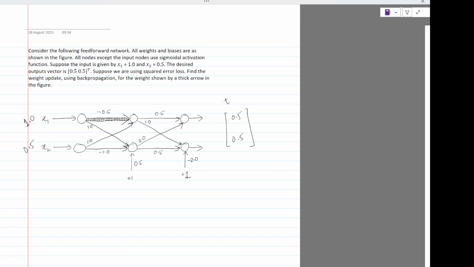Suppose we are using squared error loss. Find the weight update using the backpropagation equation for the weight shown by a thick arrow in this figure. So I have drawn this figure, and they are asking to find the weight update for this.